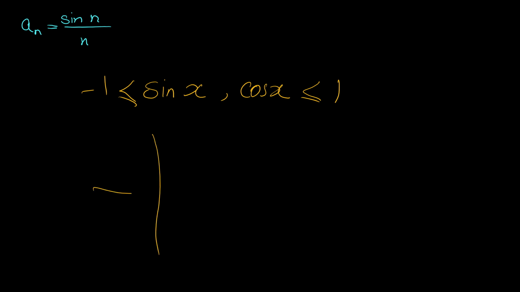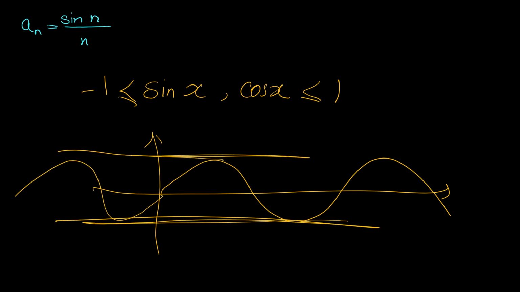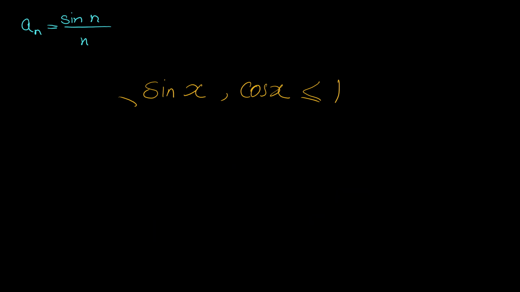If you remember graph of sine or cosine, this is graph of sine of x. As you can see, its maximum is 1, its minimum is -1. So sine and cosine, both of these functions are oscillating between -1 and 1. And this is exactly the thing that we need for using a squeeze theorem or sandwich theorem. We need a bounded function.